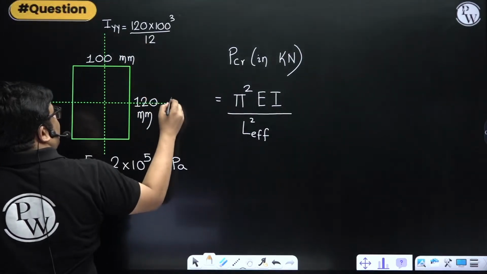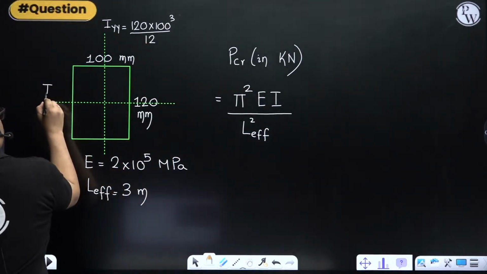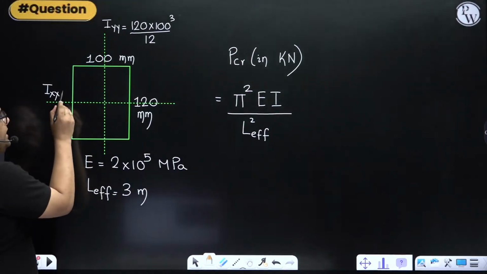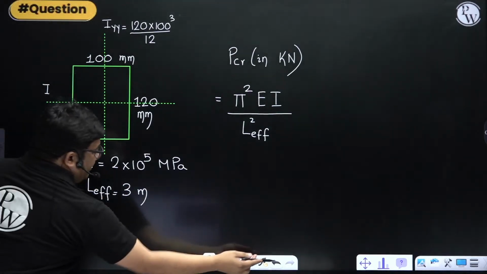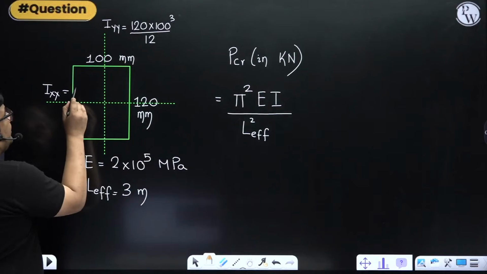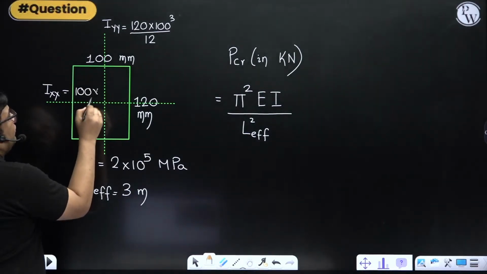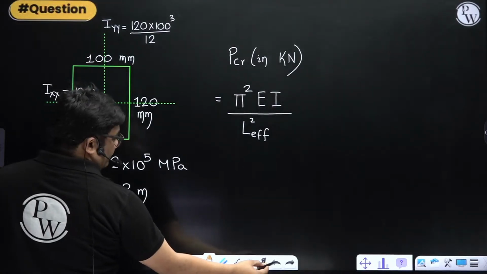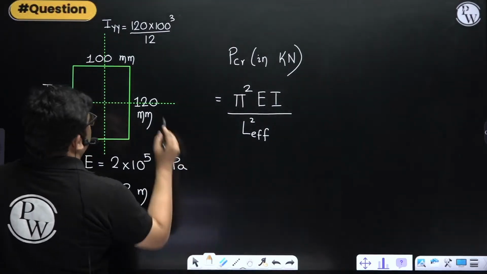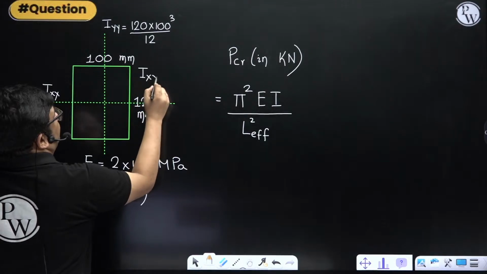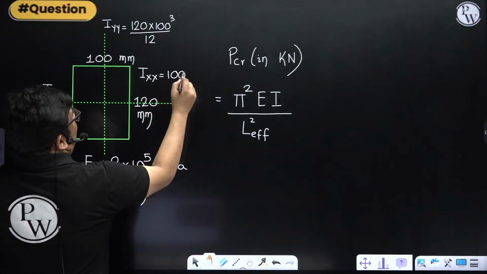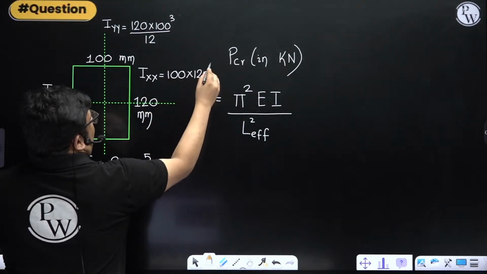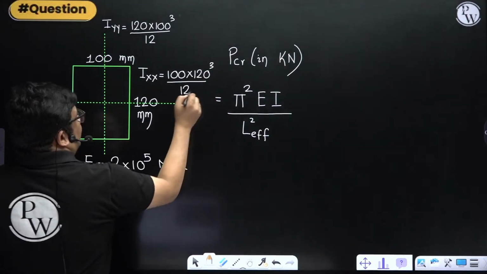And if you want to find out IXX, it will be BD cube by 12, so IXX is equal to 100 into 120 cube by 12.